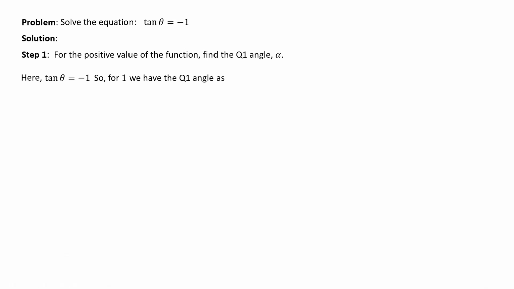So for 1, we have the first quadrant angle. What am I asking? I'm asking the tangent of what angle in the first quadrant equals 1? The answer is 45 degrees or pi over 4 radian. So alpha is 45 degrees or pi over 4 radian.